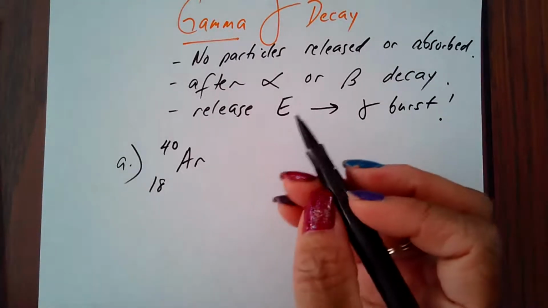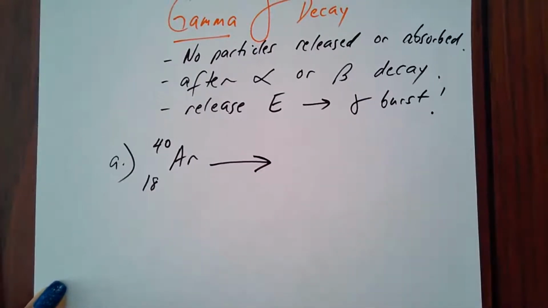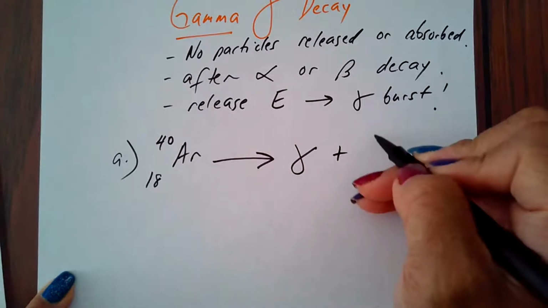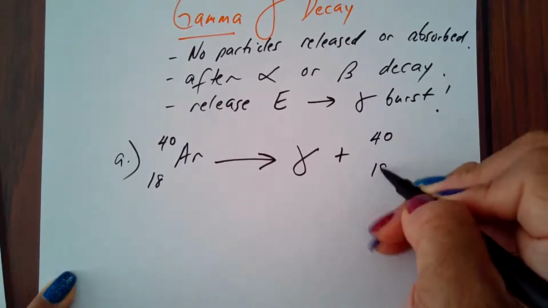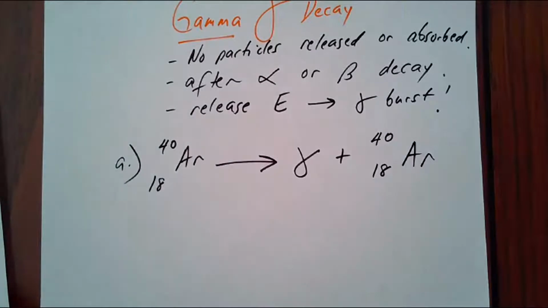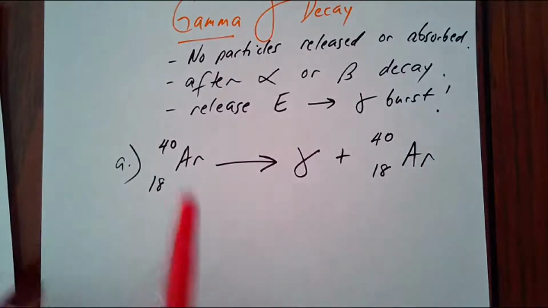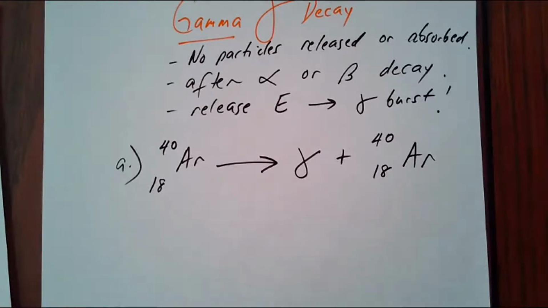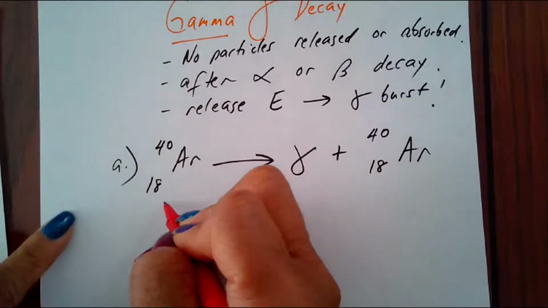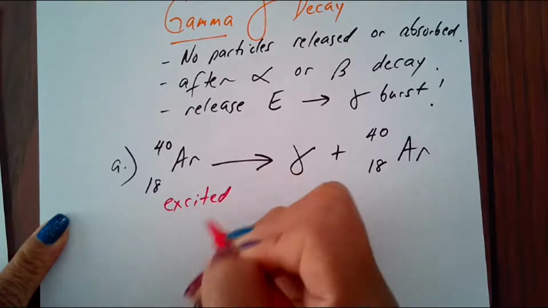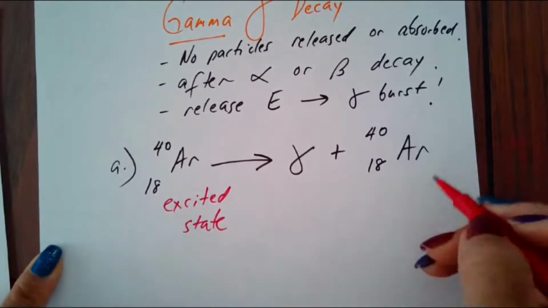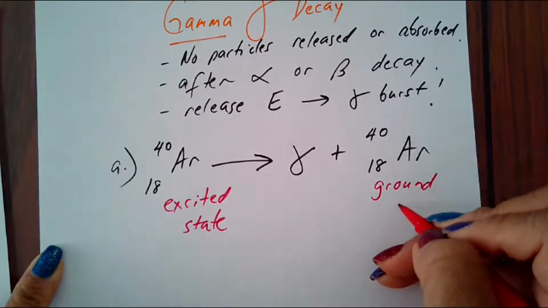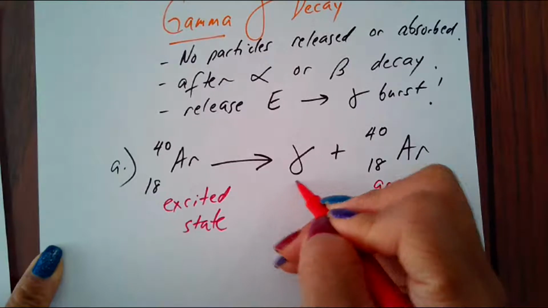Okay, so argon undergoing a gamma decay, so a gamma burst. What happens is you have exactly the same argon, except the difference between this argon and the one that is released after the gamma burst is that this one is in the excited state, and the argon after the gamma burst is now in the ground state.